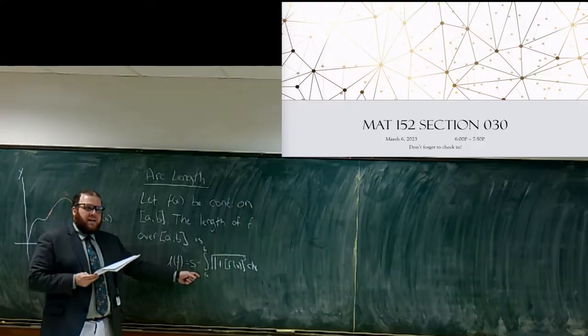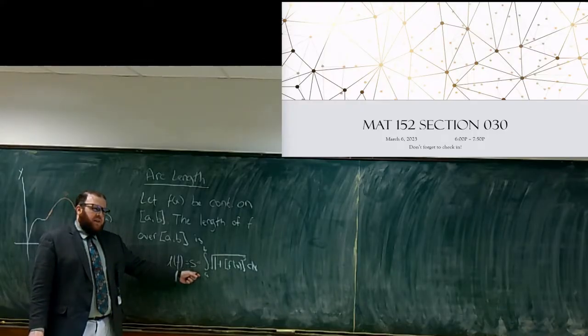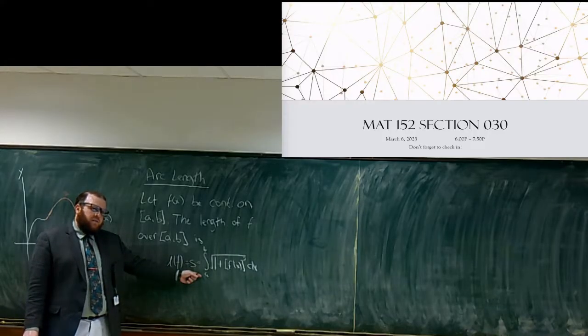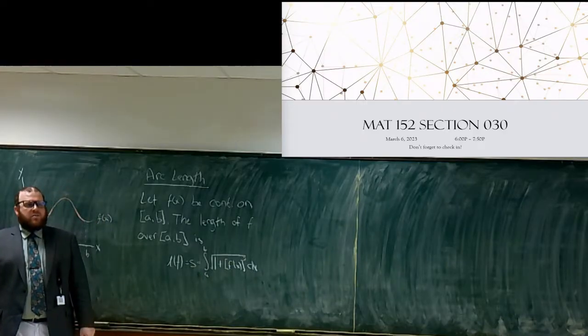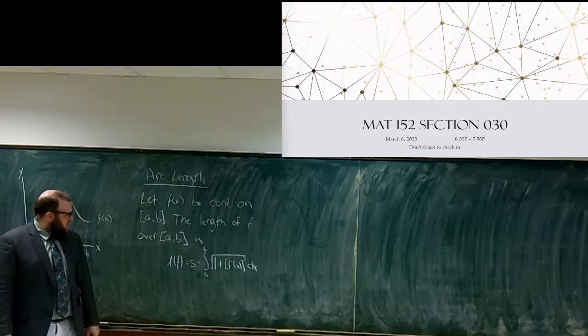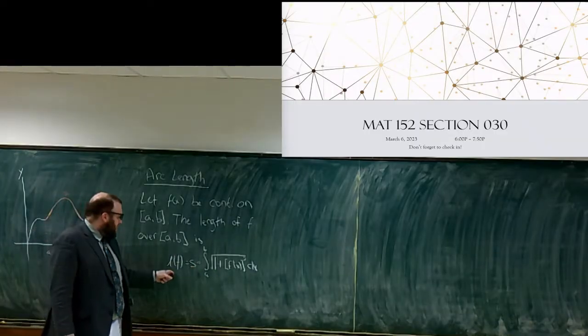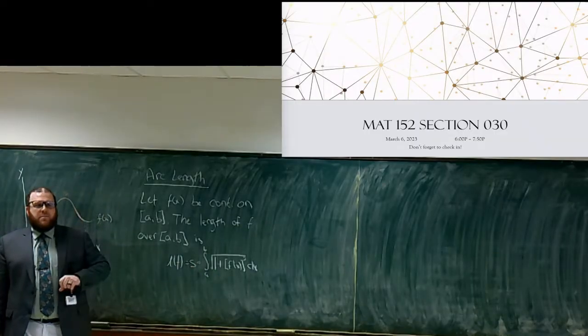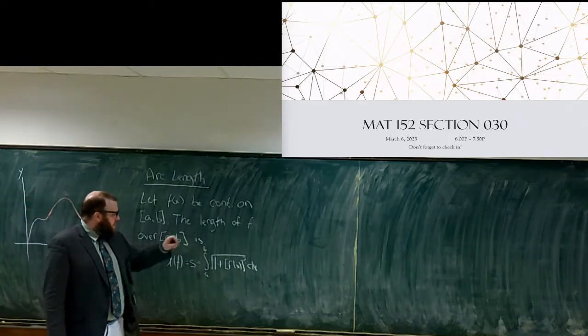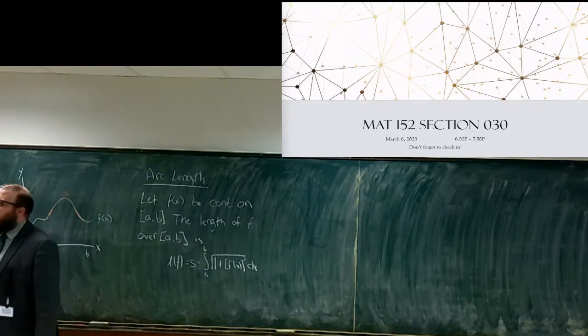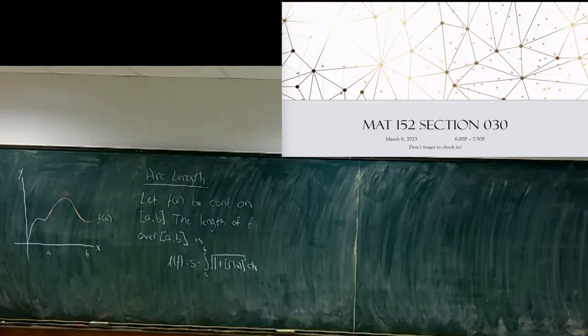This is the more common notation, a little less, to represent length. Is it 1 under the square root? That's a 1, yes. I may also use L of to represent length. It's just the integral from A to B, square root of 1 plus f prime of x squared dx.